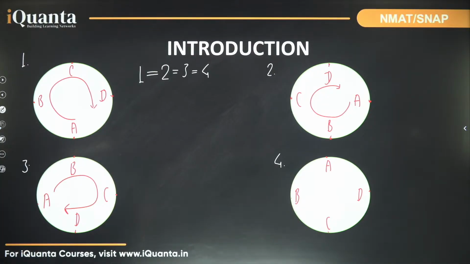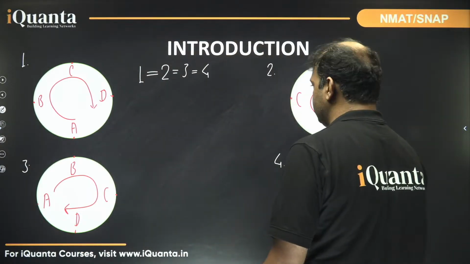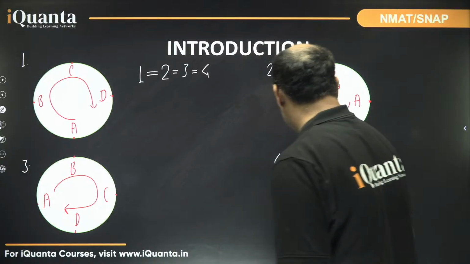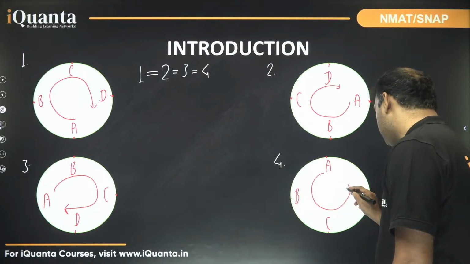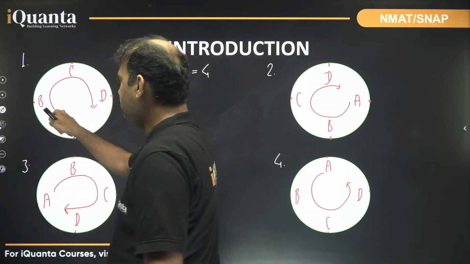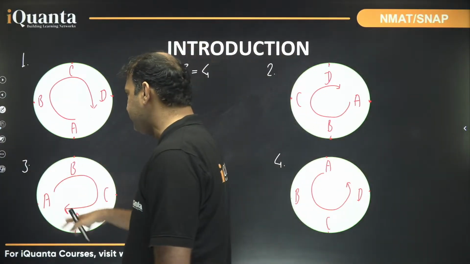Fourth is not same. It looks like same by the way, because this is also having the same cycle. Yes, if we talk only about the cycle, this looks same, A, B, C, D. But there is a problem: in arrangements 1, 2, and 3, A, B, C, D are in a cycle, but the cycle is what? Clockwise.